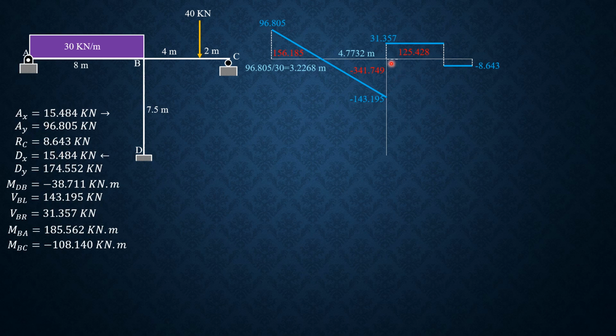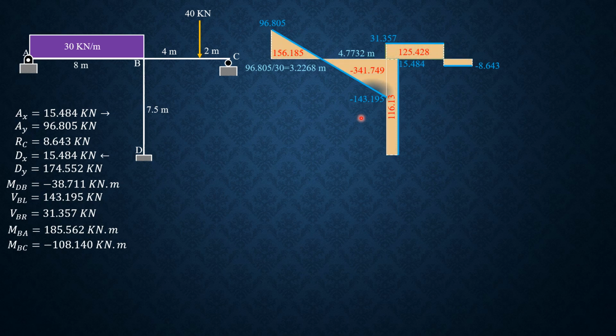So from here we move to the right because this is the top fiber by 15.484. Then constant. Then it closes because dx is leftward, 15.484. So that's the shear force diagram in kilonewton.